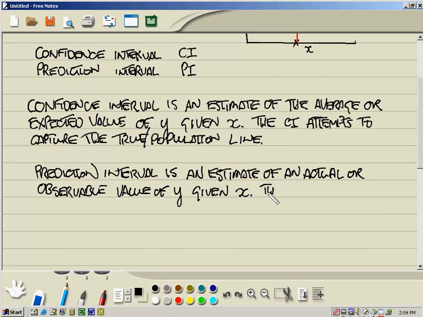That's the prediction interval, PI, attempts to capture actual points. Actual values, and not just the line.